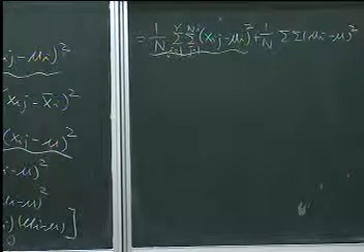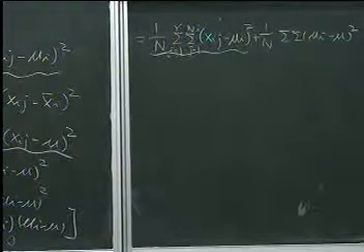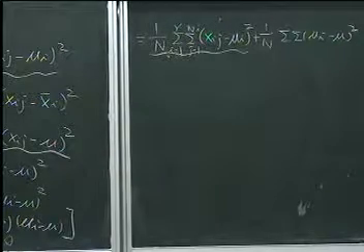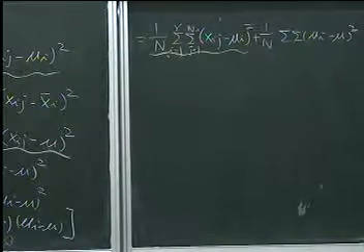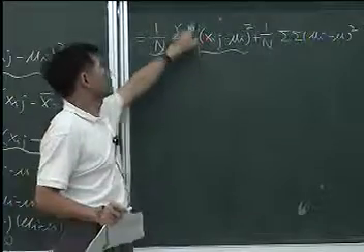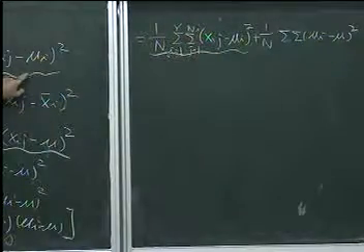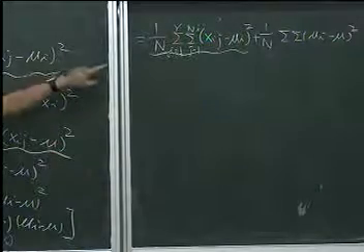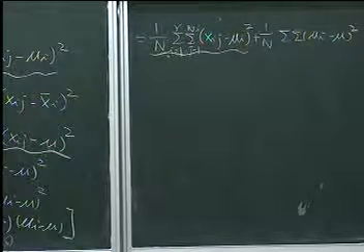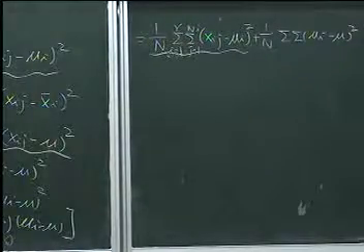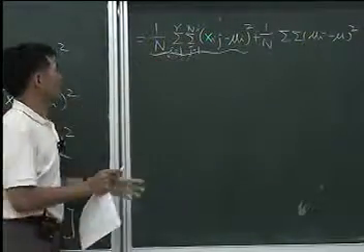If you compare this part, j from 1 to ni, this part is the same as this one, right? Okay? But what's going on here? There is 1 over ni.